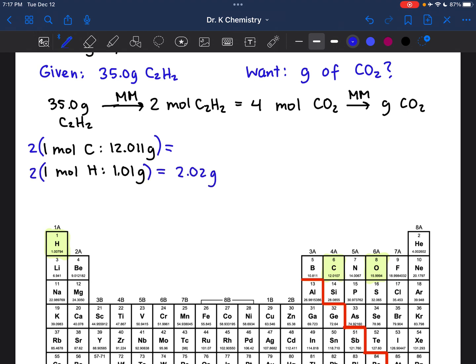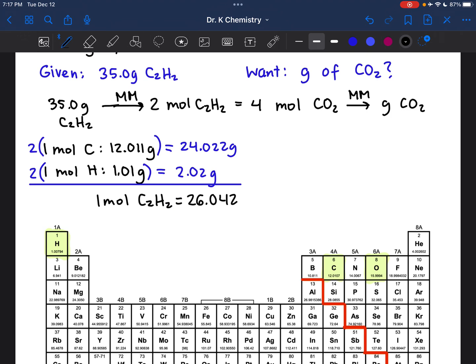And 2 moles of hydrogen, so I will multiply that by 2. And now we can add those values together to get the total. So 1 mole of C2H2 will have a mass of 26.042 grams.